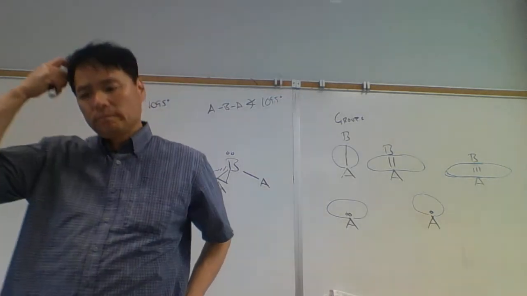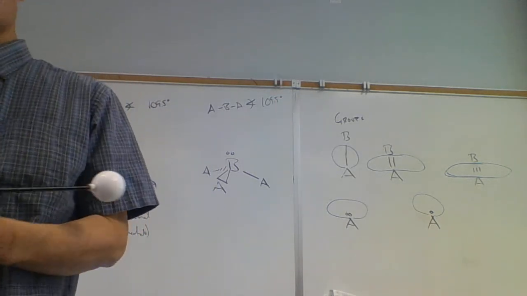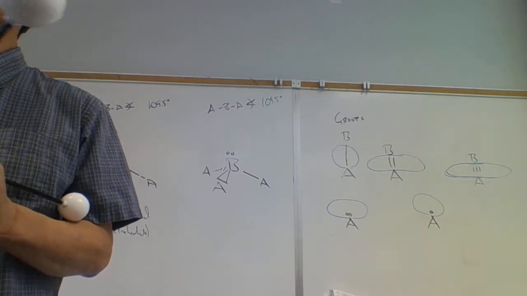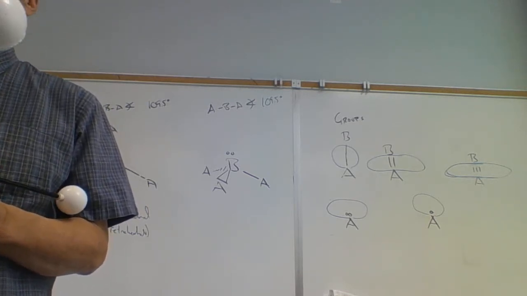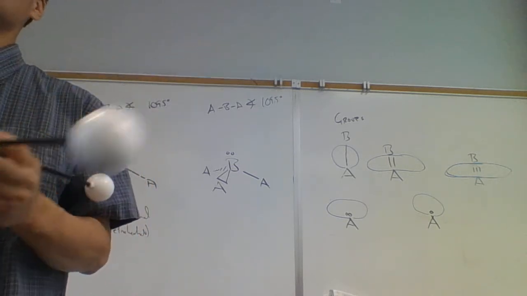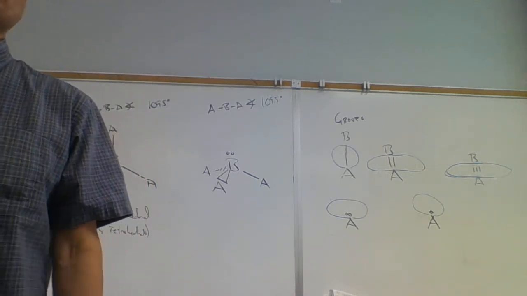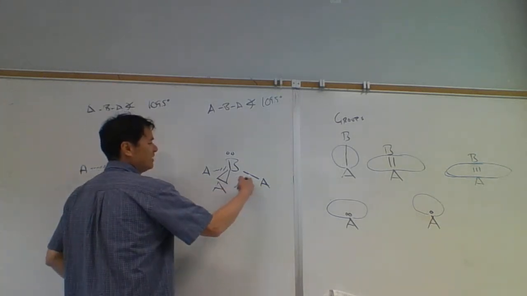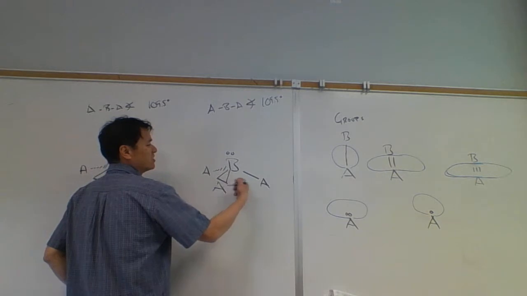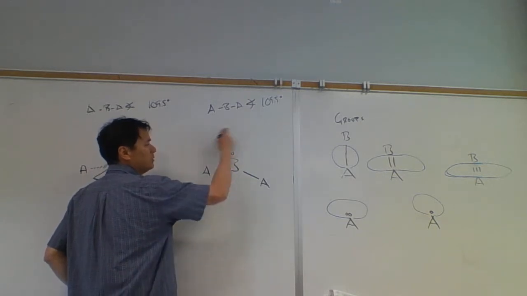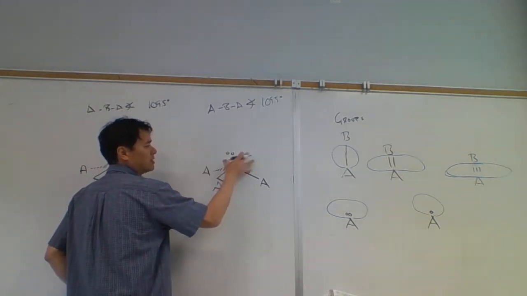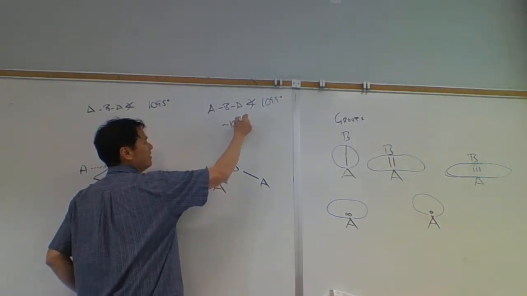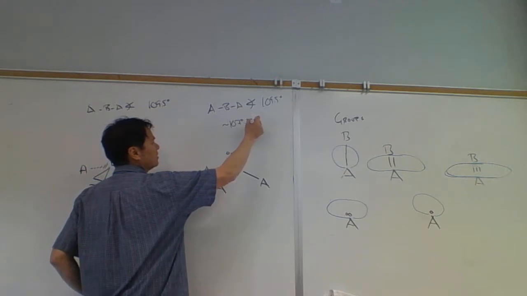In fact, I'd say half the people will call this a 109 angle. The other half who want to be more precise will call it 109.5. Anyway, this one gets distorted, so it's less than 109.5 because this balloon's bigger. If this balloon's bigger, it takes up more space, pushes these balloons down, and so the distorted angle is about 107 degrees.